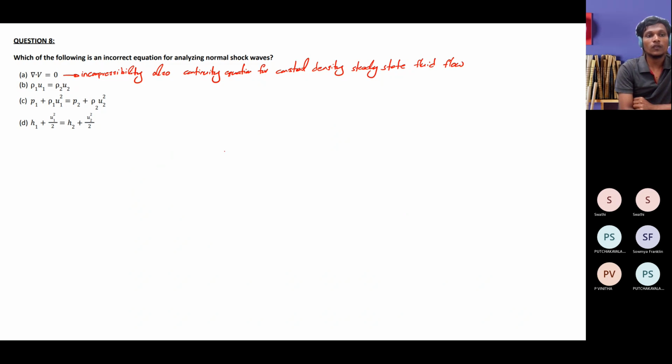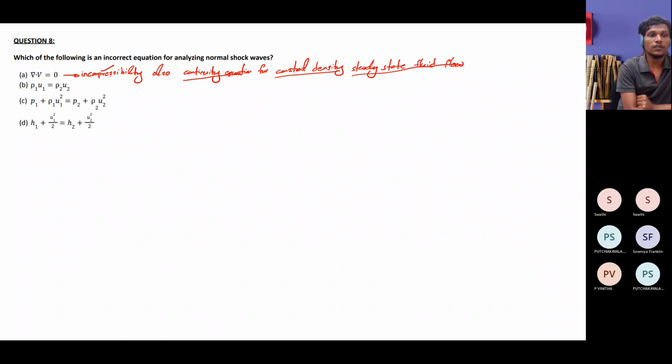So this del dot V bar, the divergence of velocity field, is the representation of purely the incompressibility of the flow. Also it is a representation of the mass continuity equation under the assumptions of constant density and steady state flow field.